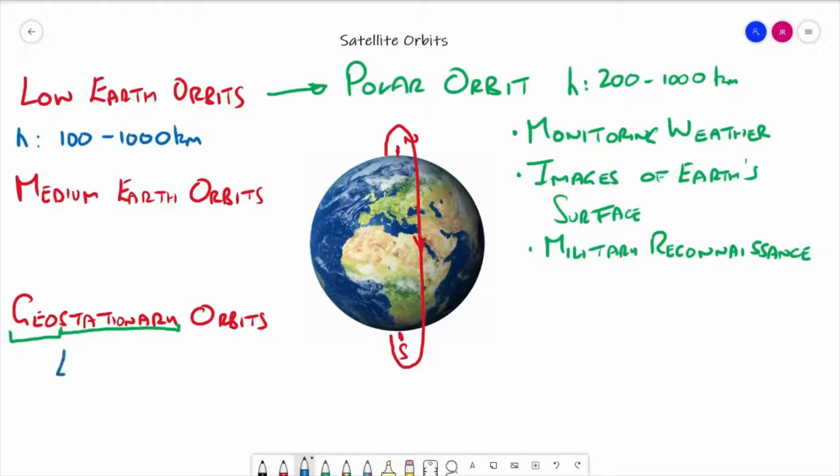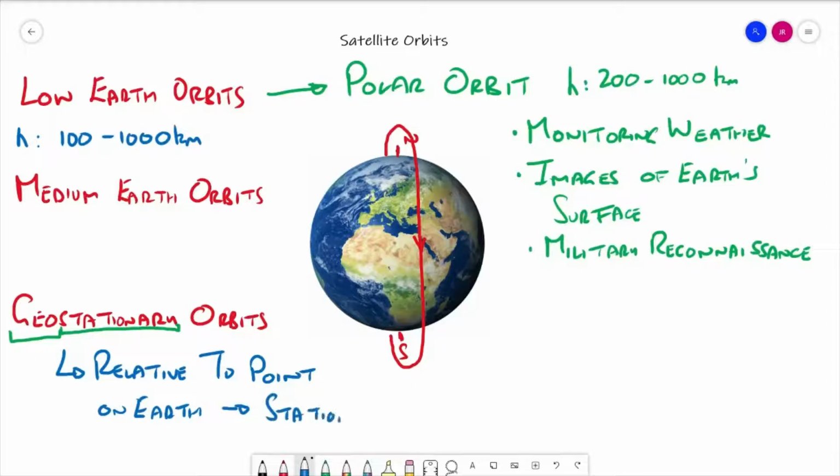What that means is that, relative to a certain point on the surface of the Earth, these satellites will be stationary. We'll come on to look at the maths behind geostationary orbits in a moment, but obviously they orbit at a much greater altitude, which we'll calculate.